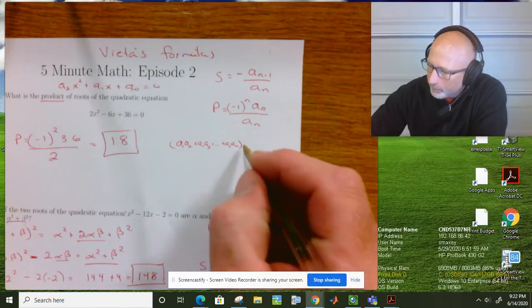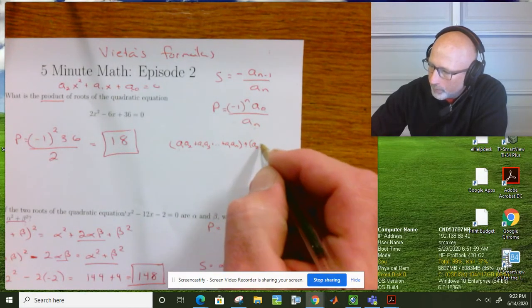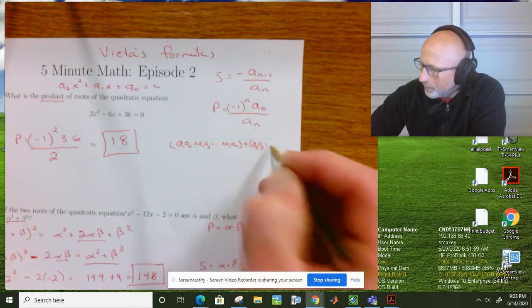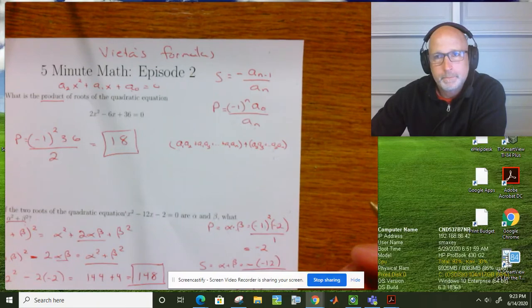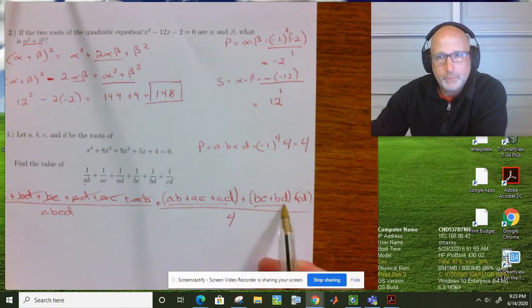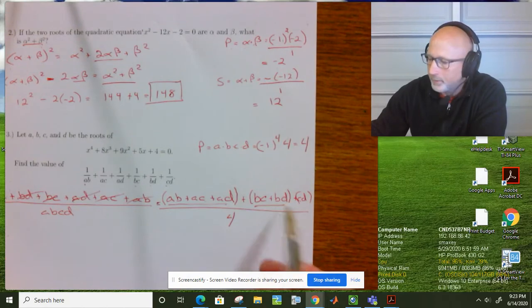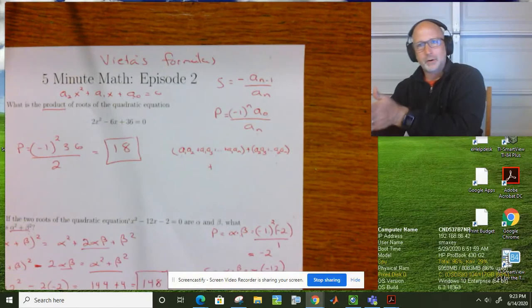Plus, now we're going to do all the A2s. So you have A2 times A3 plus all the way up to A2 times AN. Just like I did right here. I took all the A2s and I matched them up with everything else. Plus, I basically continue this pattern, right?